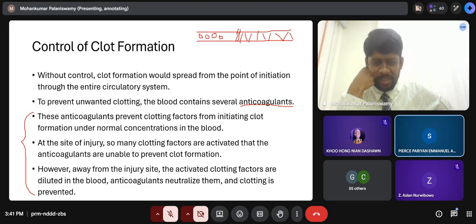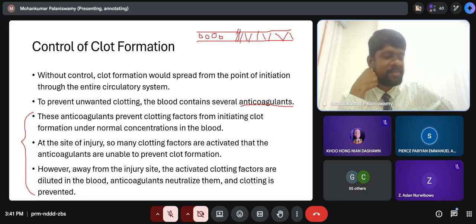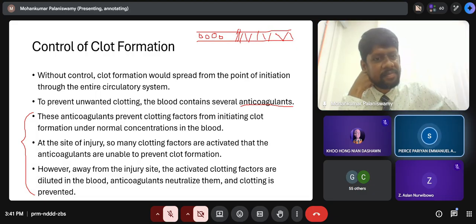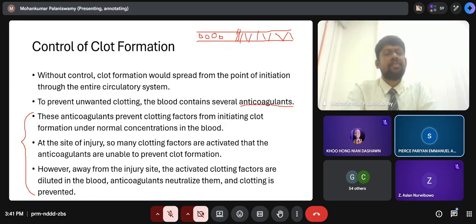So what does it mean? From the function of the anticoagulant, it prevents unnecessary clotting from initiating clot under a normal concentration in the blood.